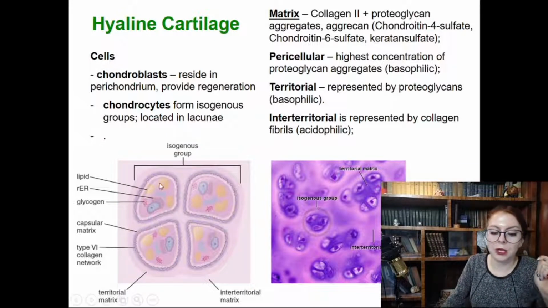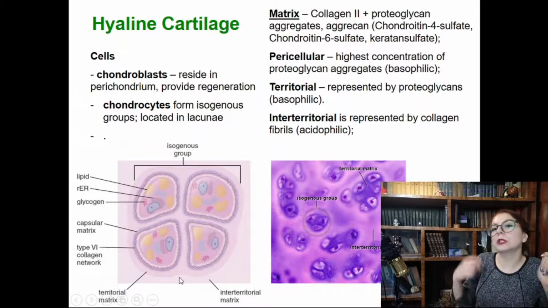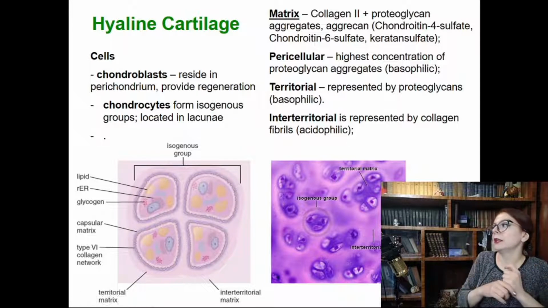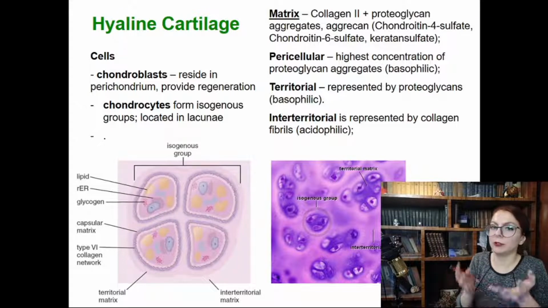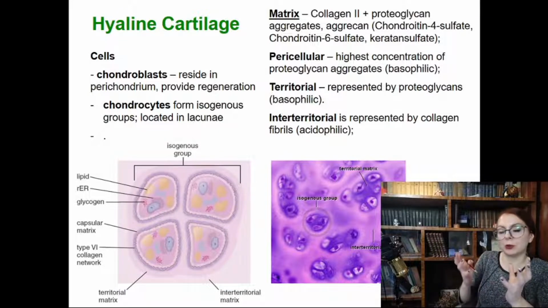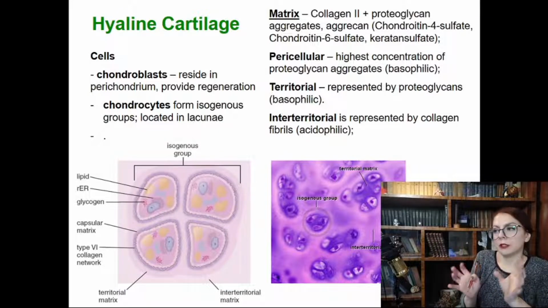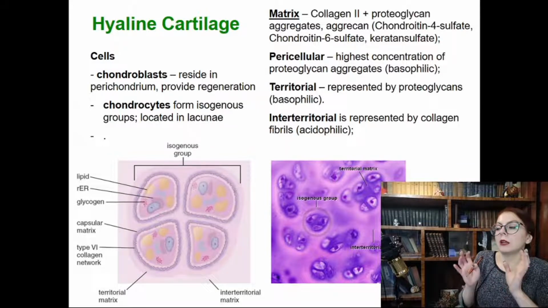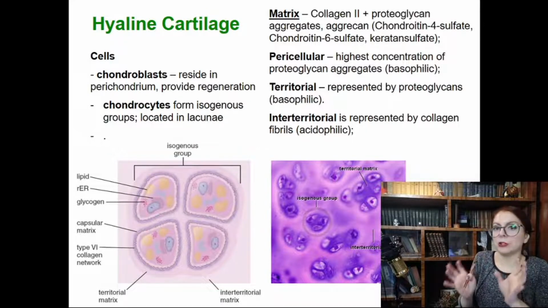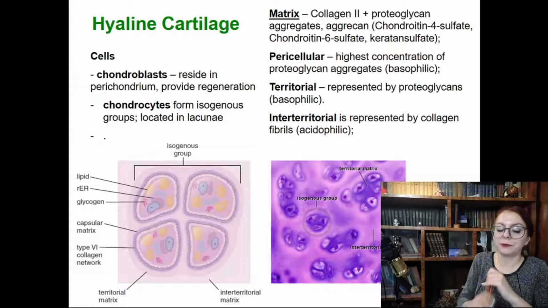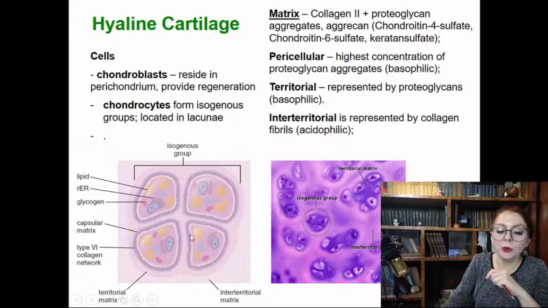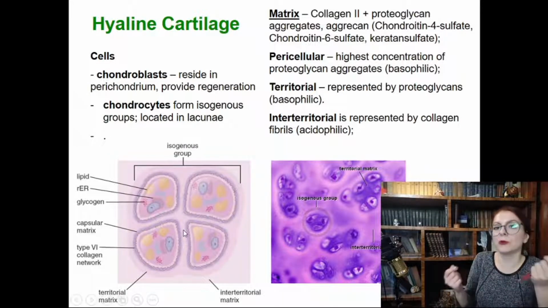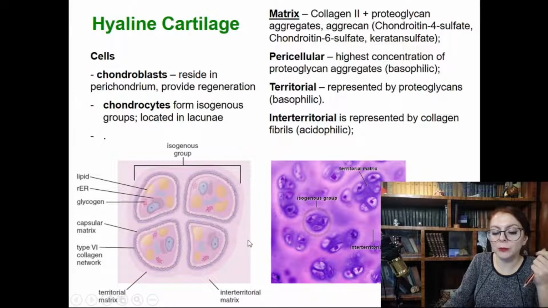Now, this group resides in the space called lacuna. Lacuna is a cavity, like a cave in a rock or a cave in a stone in which cells are located. And this region, this territory, is filled with more viscous, more soft matrix, compared with the matrix around the lacuna.